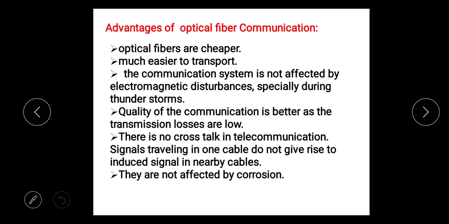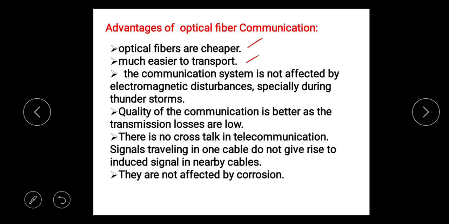Now we'll see advantages of optical fiber communication, or merits of optical fiber communication. Optical fibers are cheaper because they are made from silica and plastic, both of which are easily available. Because of their compactness and lightweight, fibers are much easier to transport.